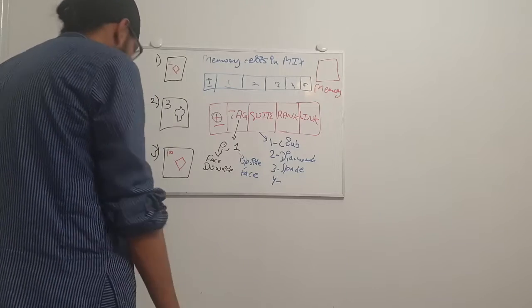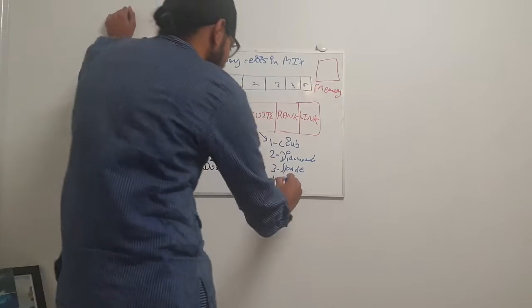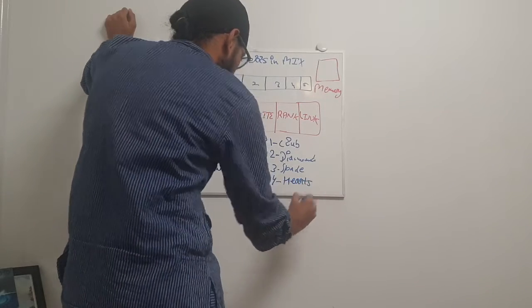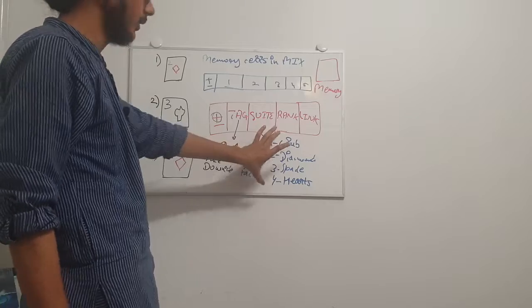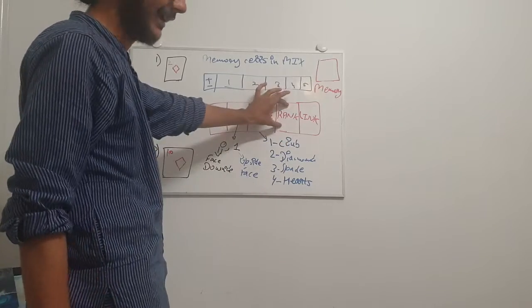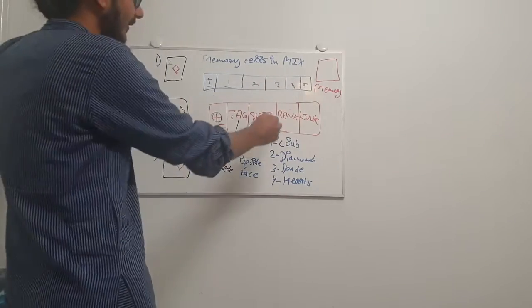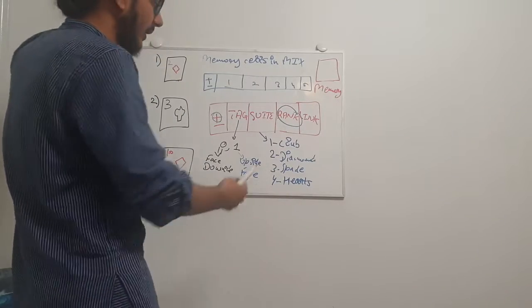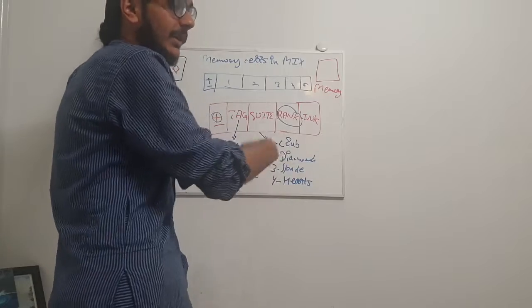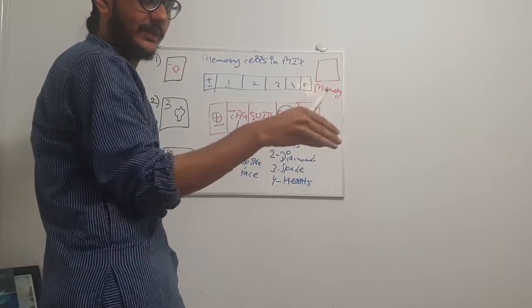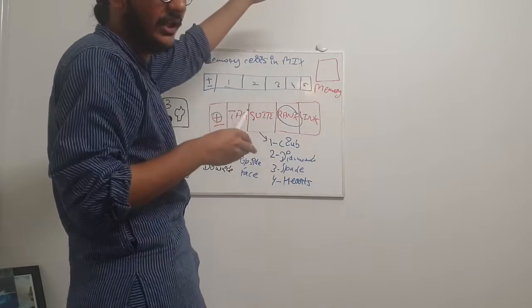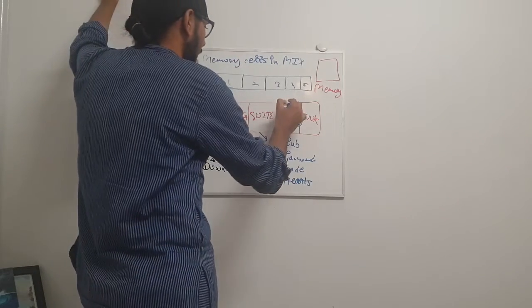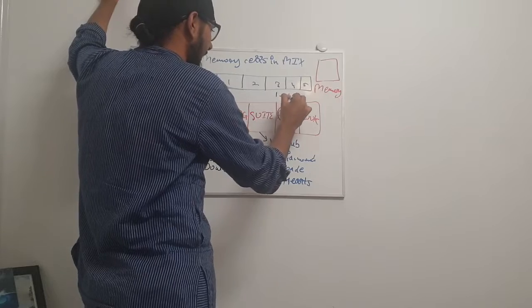The other one is hearts. Okay, so we will be having suit, tag, rank, and link. What does this rank mean? Rank is the number, like either it's 1 of clubs, 2 of clubs, 3 of clubs, up to 13. The kings and queens are also numbers, like 11 is J, 12 is Q, like that. So rank will be any number between 1 and 13.